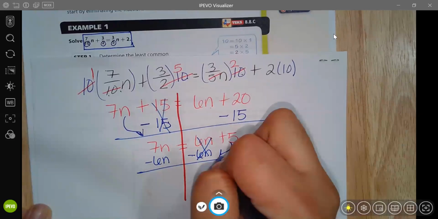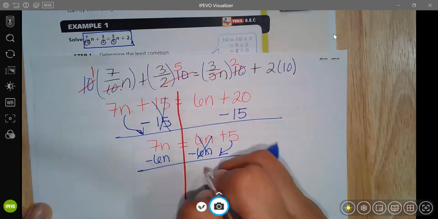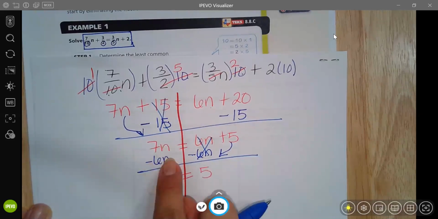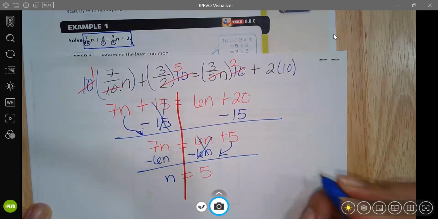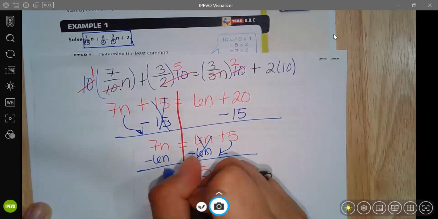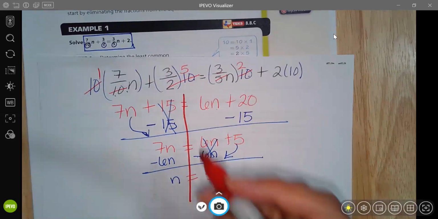So now I have 5 all by his lonesome here equals 7n minus 6n, which just gives us n, okay? So now this is our solution. The solution for this example is n equals 5.